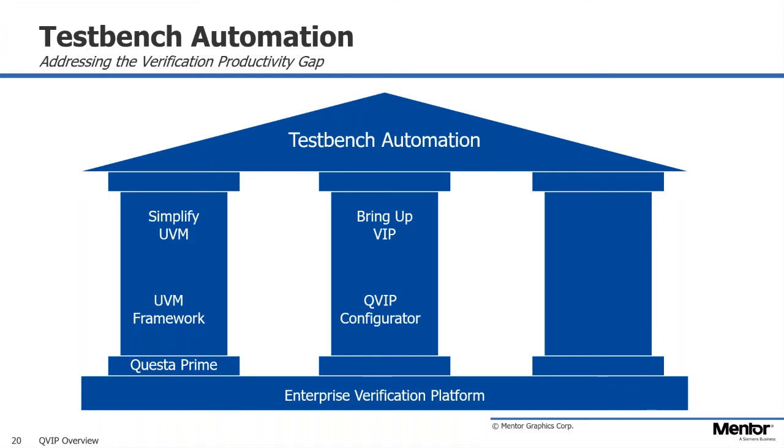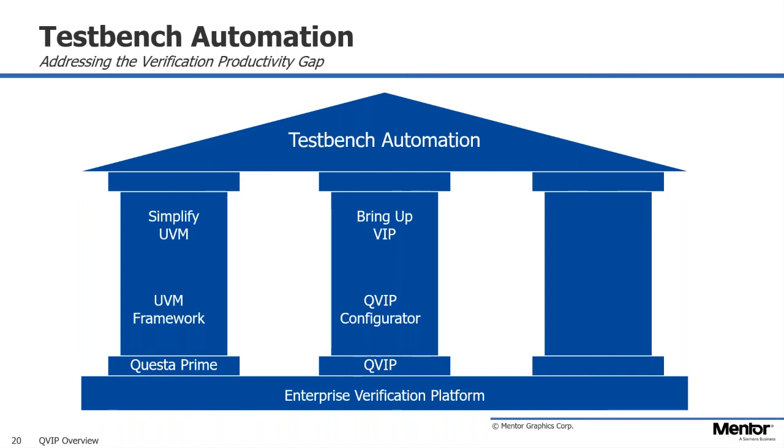Bringing up our verification IP, we now have this thing called the QVIP Configurator. That is a graphical tool where you say, hey, I need to do an ARM bus, and it brings up a template, and you can pick, okay, these are the address width, these are the different things, and then it generates all the code for that VIP.